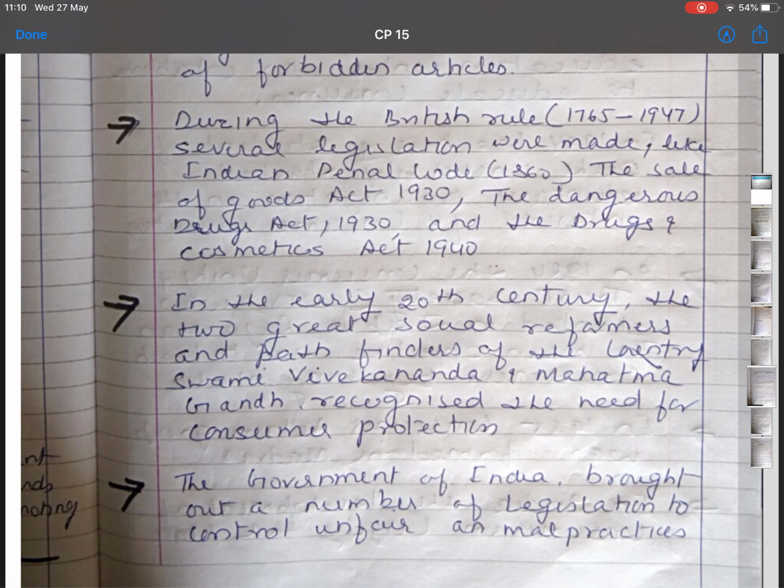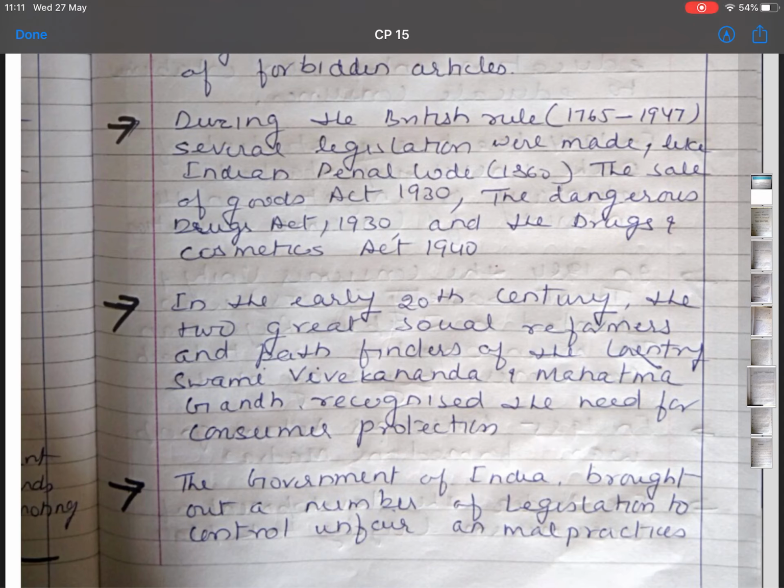Mahatma Gandhi, in the 1890s, in a conference in Africa, said the consumer is the most important visitor in the premises of business. He is not dependent on business. Business is dependent on him. He is not an interruption to work. He is the purpose of it.